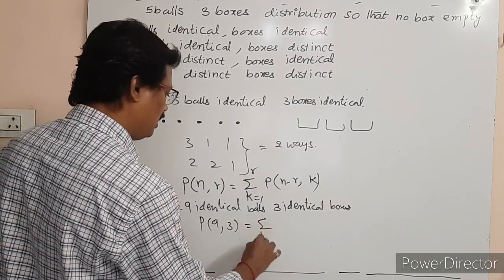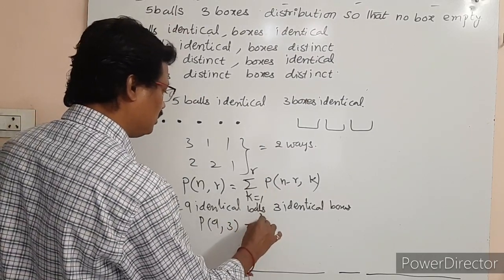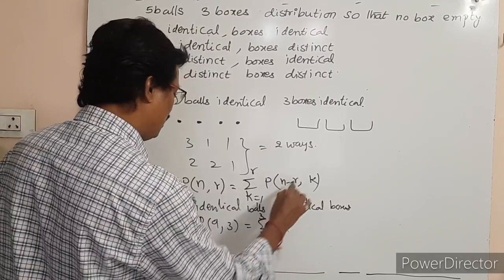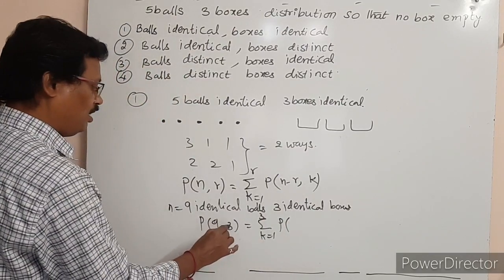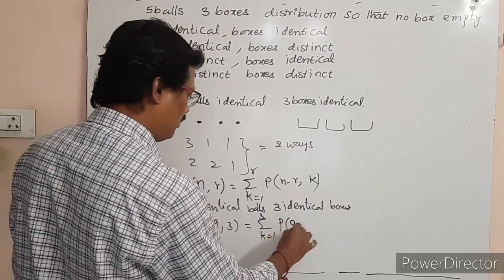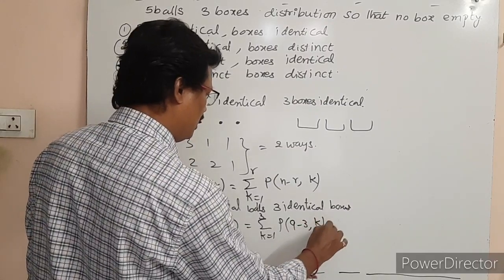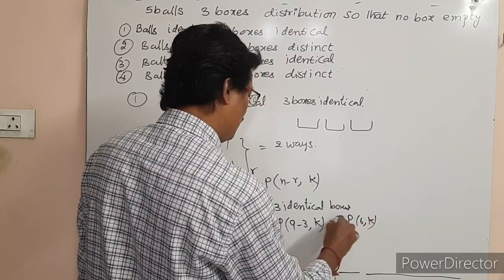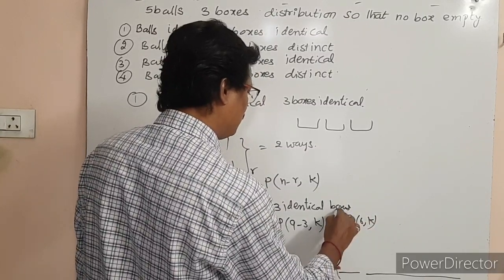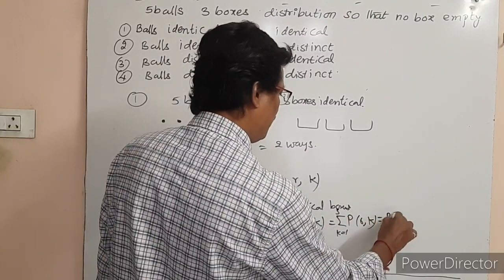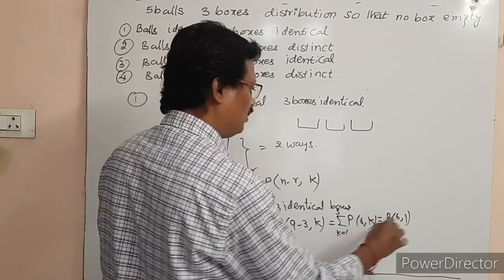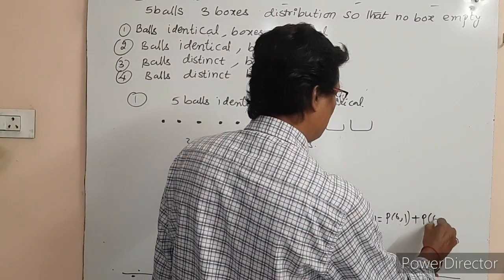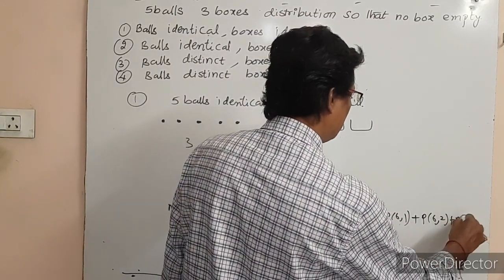This we write as the sum over k equal to 1 to r, which is 3, of P(n minus r, k). Here n is 9, r is 3, so this is P(6, k), k equal to 1 to 3: P(6,1), k equal to 1, k equal to 2, k equal to 3.